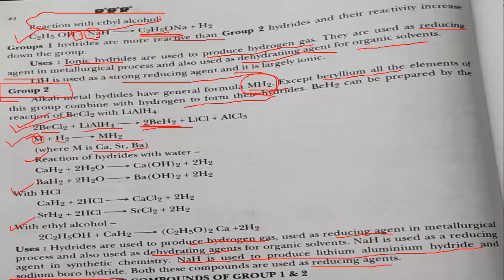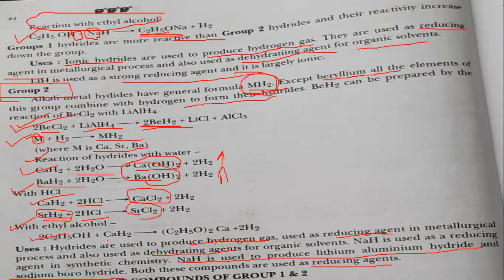Again, see what happens when calcium hydride reacts with water: it forms the corresponding hydroxide. Same is the case with barium hydride, which forms barium hydroxide, and there is a liberation of hydrogen gas. Calcium hydride, when reacted with HCl, forms calcium chloride, and strontium hydride reacts with HCl to form strontium chloride.